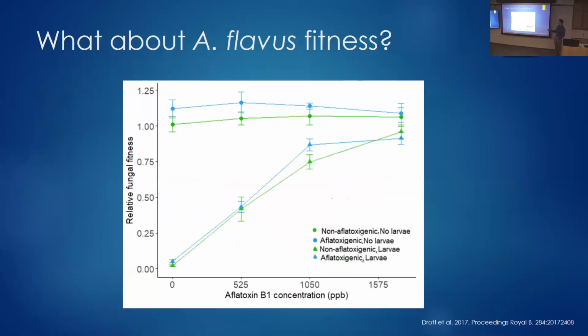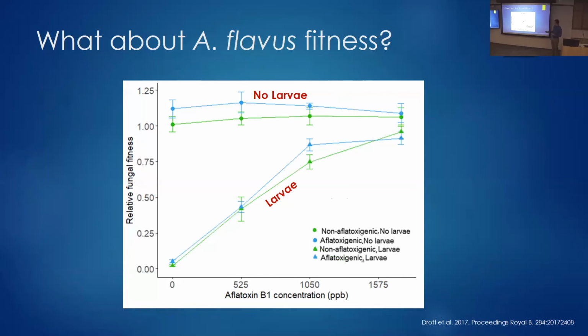So if we look at the fungus, here is the fitness of the fungus as measured by qPCR over increasing aflatoxin concentrations. And we have tubes that have larvae and tubes that do not have larvae. The tubes that do not have larvae seem to have no change. In fact, there's no change statistically across the increasing aflatoxin concentrations. So just adding aflatoxin to the tube does not increase fitness of the fungus.